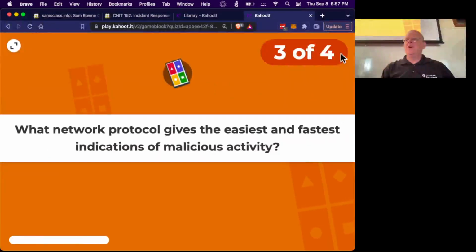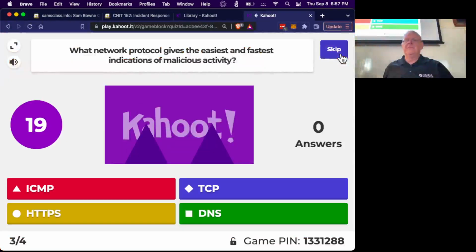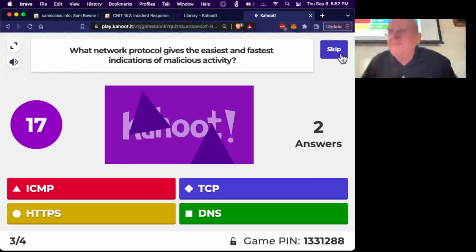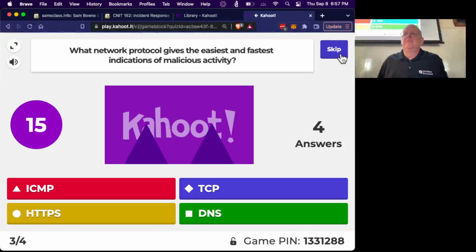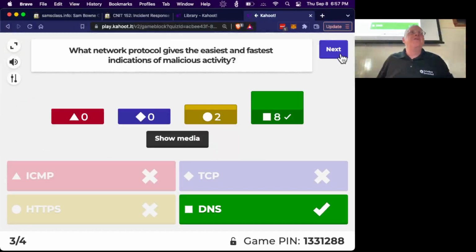All right, so what protocol gives the easiest and fastest indications of malicious activity? Everybody loves DNS. It is so easy to understand. You look for the domain, you know who's been going to that domain.